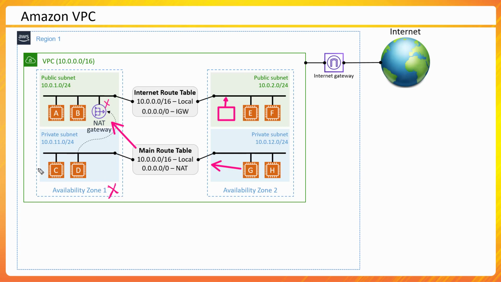If the whole availability zone fails, these machines will keep on sending traffic to this NAT gateway which doesn't exist. So best practice, in case you want a highly available architecture, is to deploy a NAT gateway into another availability zone and use that to receive local traffic.